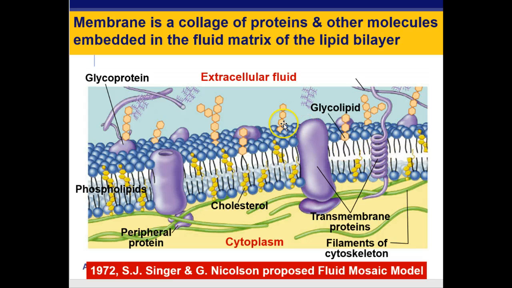And we even have some sugars sticking up from the top. Because this is kind of like a fluid entity, it's called a fluid matrix. The lipid bilayer, or the cell membranes, really are a remarkable cell part.